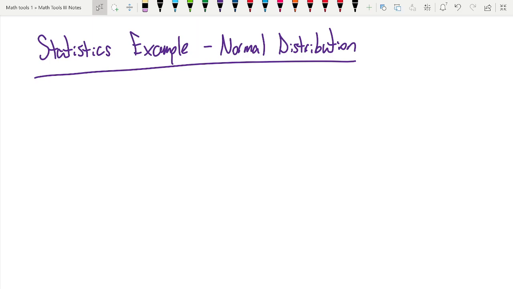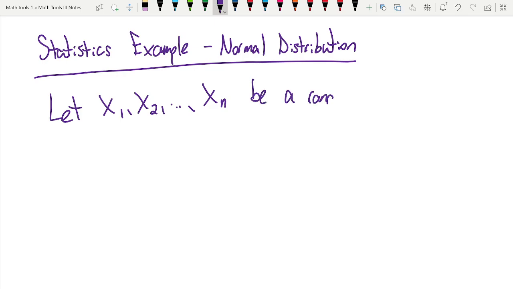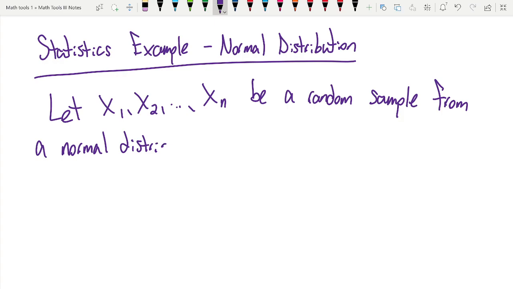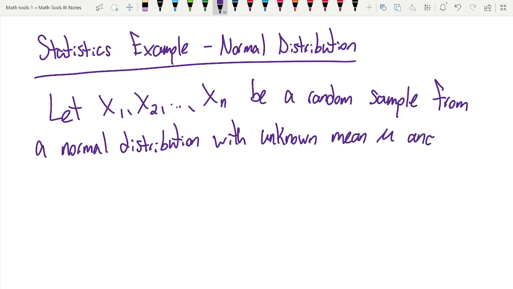All right, so what we do here is we say, okay, let x1, x2 to xn be a random sample from a normal distribution with unknown mean, mu, and variance, sigma squared.